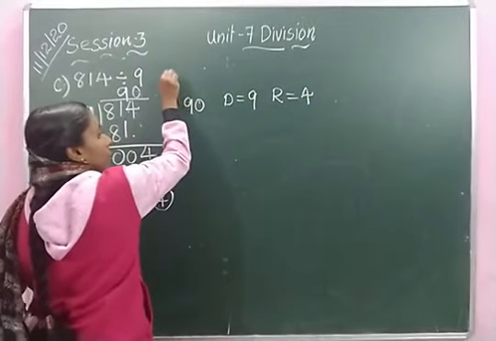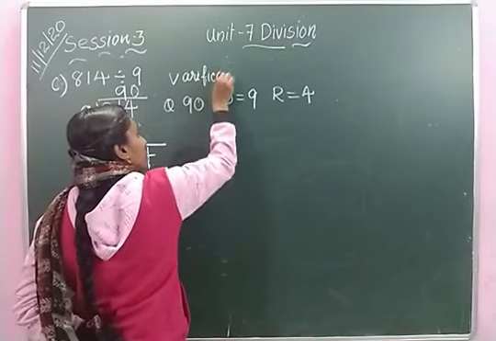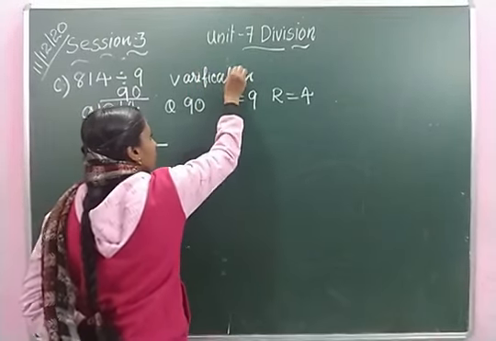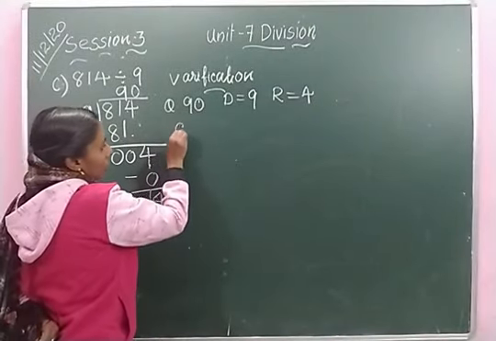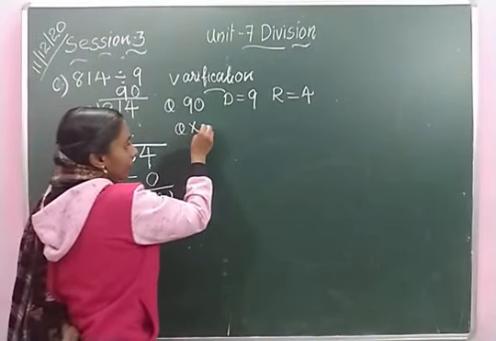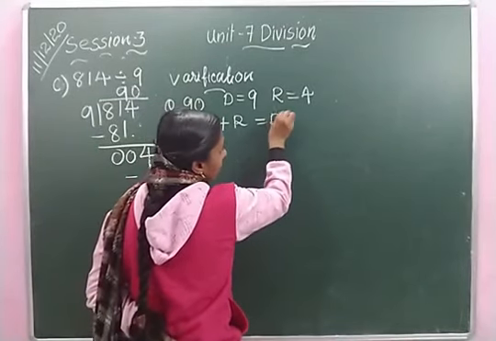Then verification. How can we do the verification? We can do the verification by quotient multiplied by divisor plus remainder is equal to dividend.